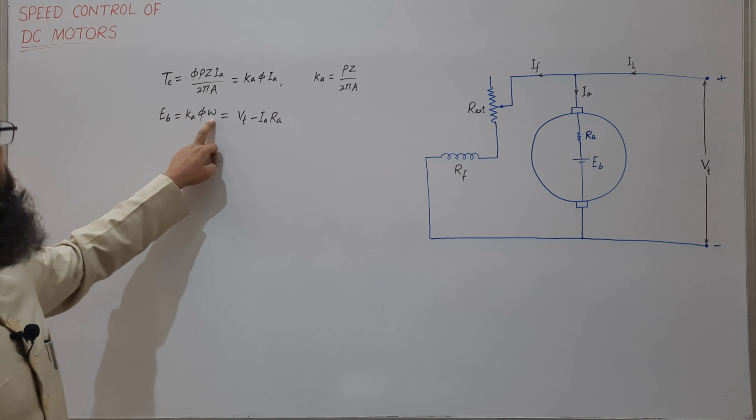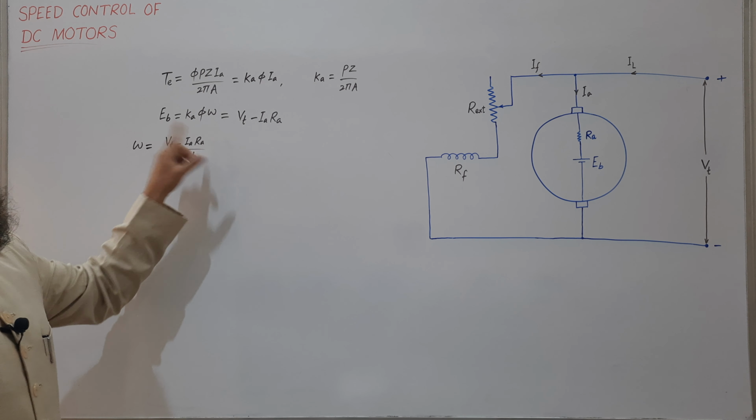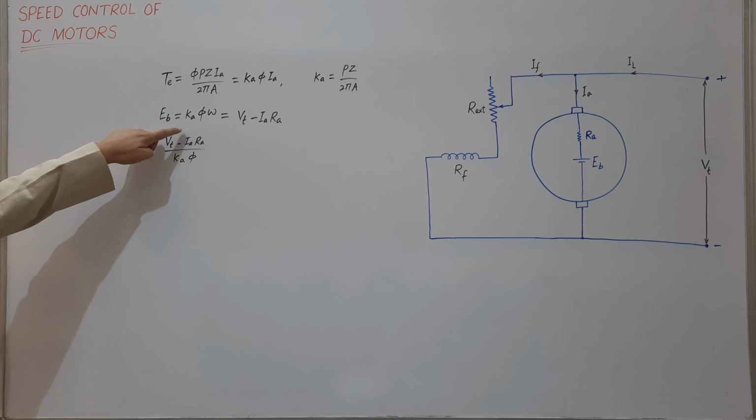So if you want to control this, you may control this flux per pole, you may control this terminal voltage, you may control this armature resistance, but you can't control this Ia, armature current, because armature current depends on the load. If load will vary, armature current drawn from the supply will vary, as we are not going to use constant current source. So Ia can't be controlled.